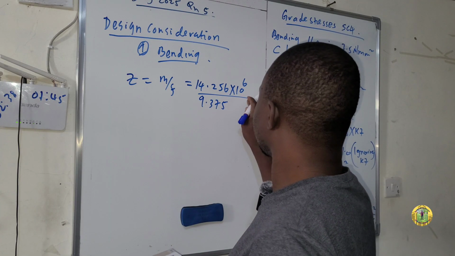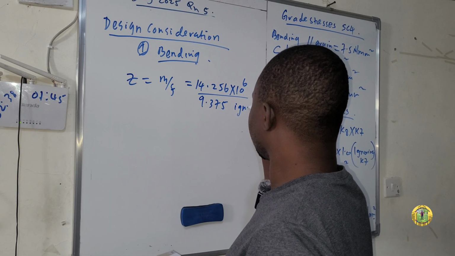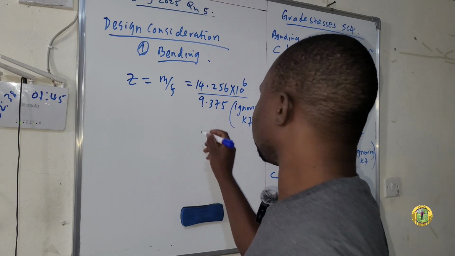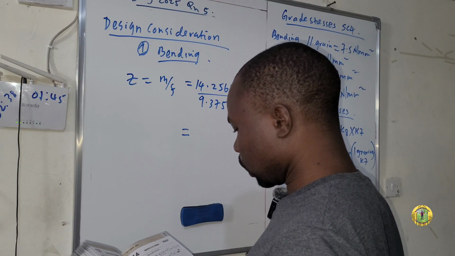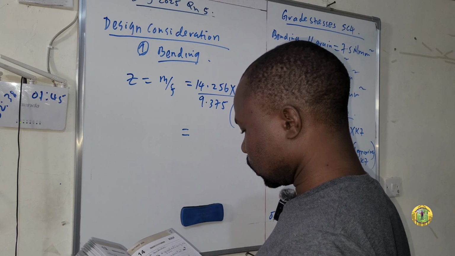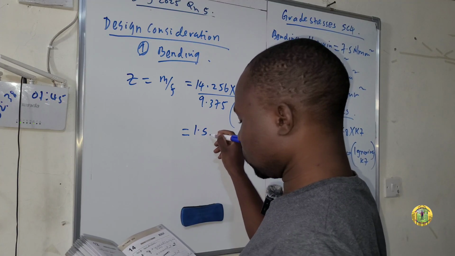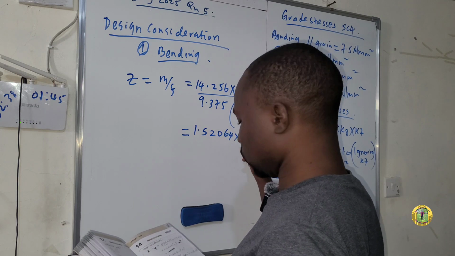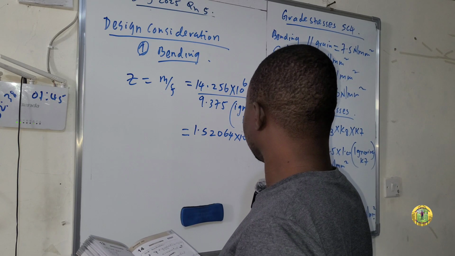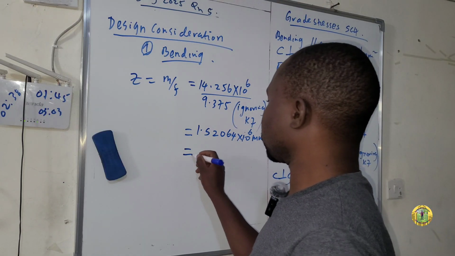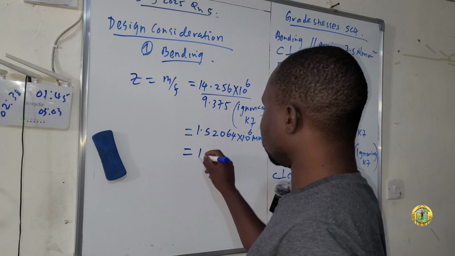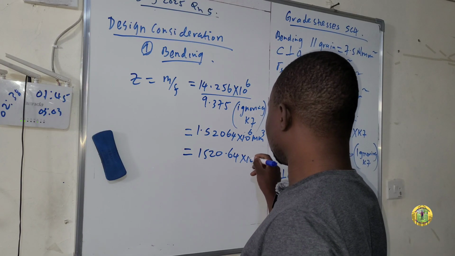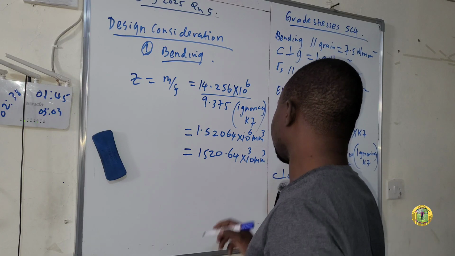So you will say, ignoring K7 because we don't know the section, this one will give us 1.52064 times 10 to power of 6 millimeter cubic, which is the same as 1520.64 times 10 to power of 3 millimeter cubic.